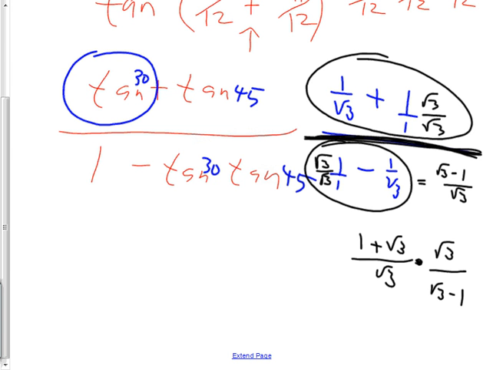On this one? Okay, let me check and see if it is supposed to be. It's right here, root 3 minus 1. It is supposed to be root 3 minus 1.